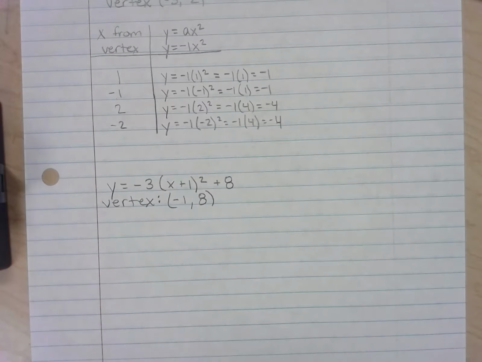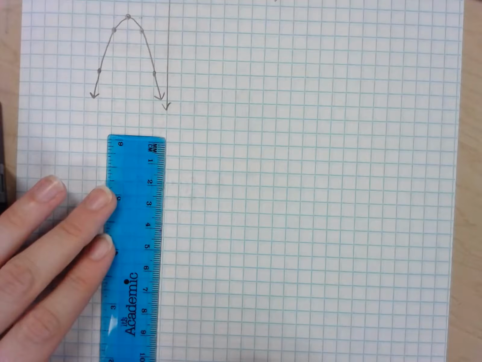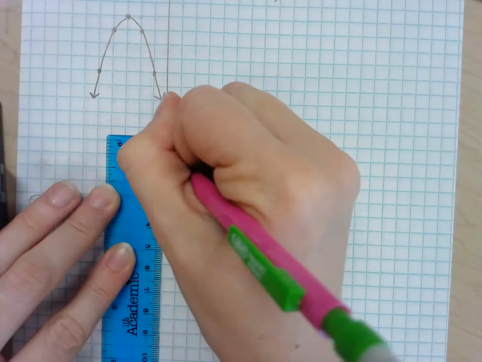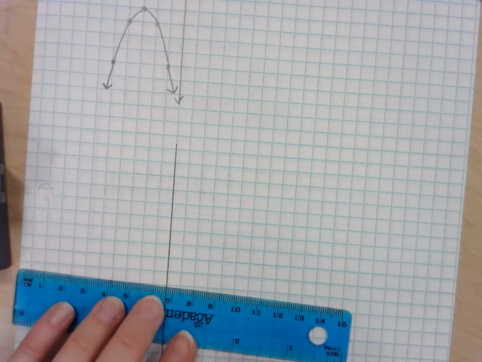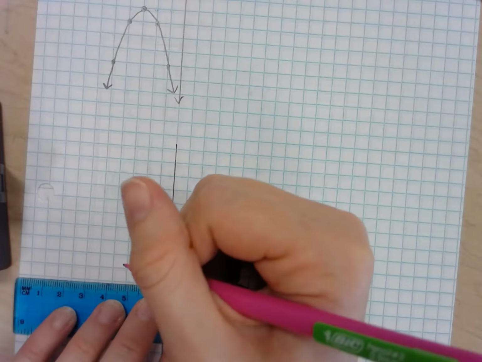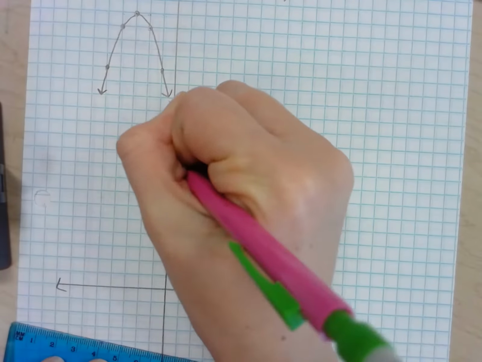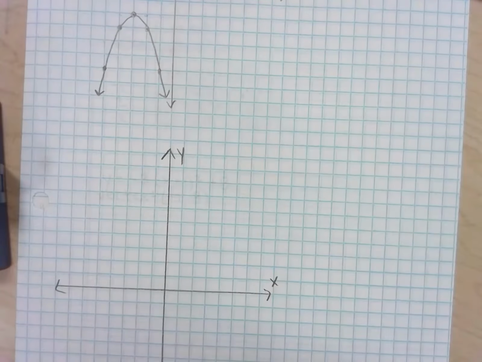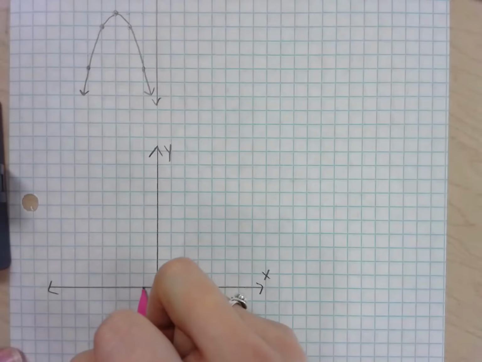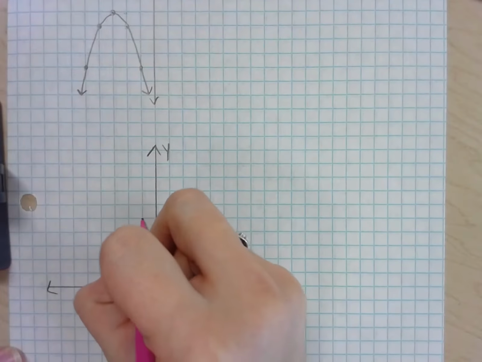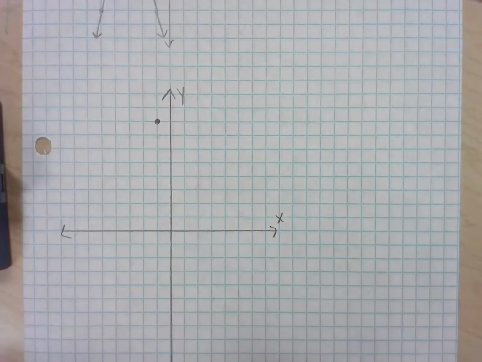Go ahead and graph that vertex on your graph paper. So that vertex was at negative 1, 8. So that will be our vertex point.